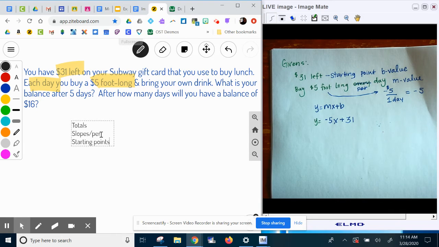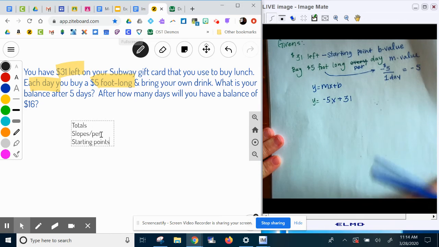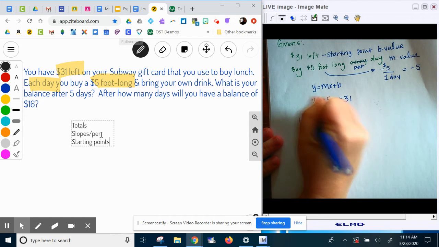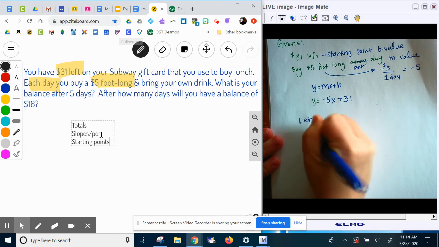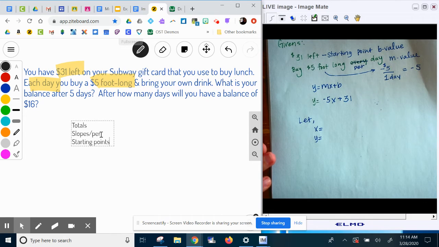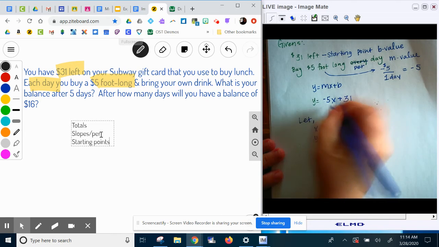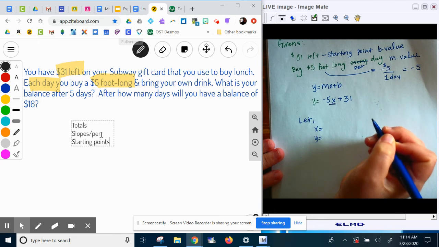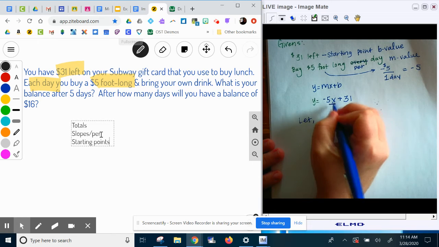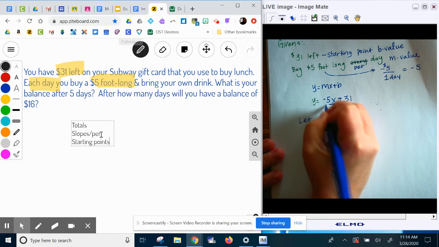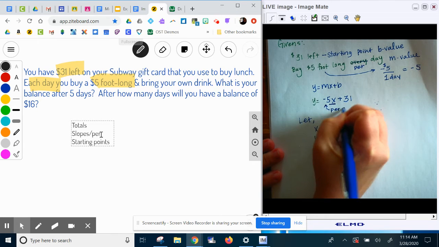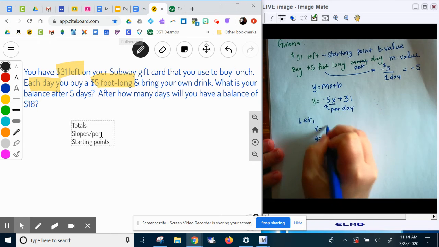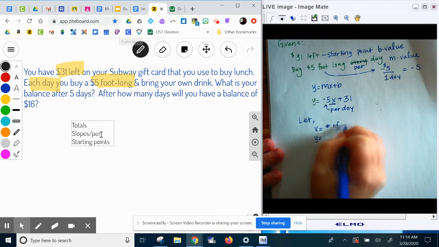Now I've got to do my let statements because they're crazy important. Remember that's what x equals and what y equals. So this time the x is connected to the negative $5 per day. The per is talking about the days. So x is going to be my number of days.